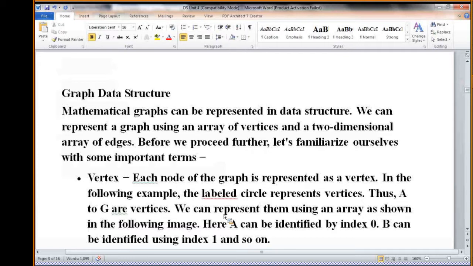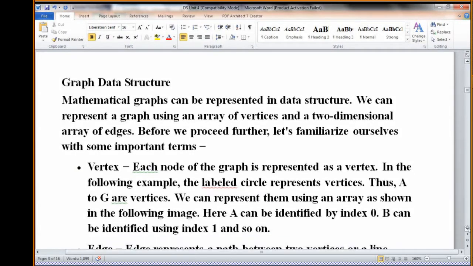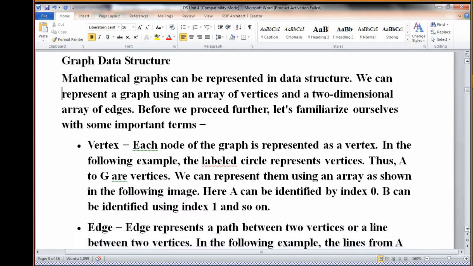Before we proceed further, let's familiarize ourselves with some important terms. It is better if you understand well what a vertex is, how it is represented, and what exactly edges are. Graphically, each node of the graph is represented as a vertex, and labeled circles represent vertices. Thus, we can represent the vertices using an array as shown in the following image.